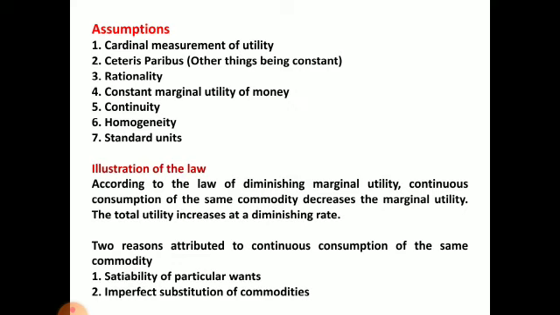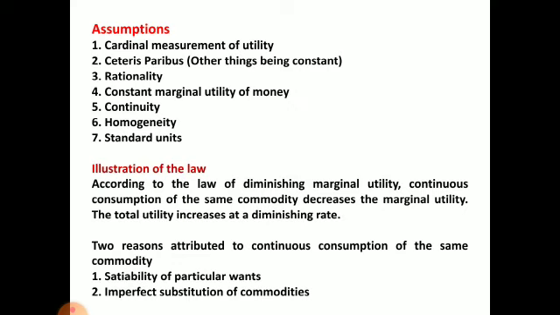And the next assumption is that the law also assumes the units of consumption to be a standard one. The law operates only when the units of consumption are of a reasonable size and of a standard unit.